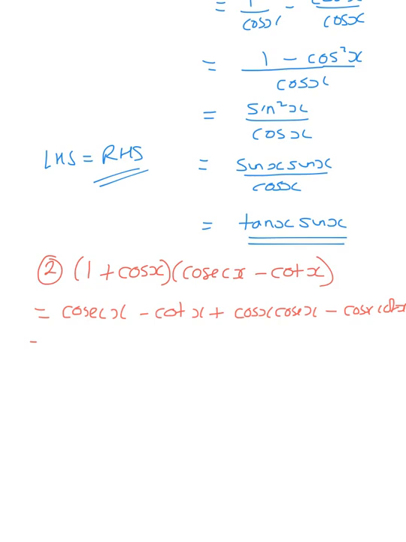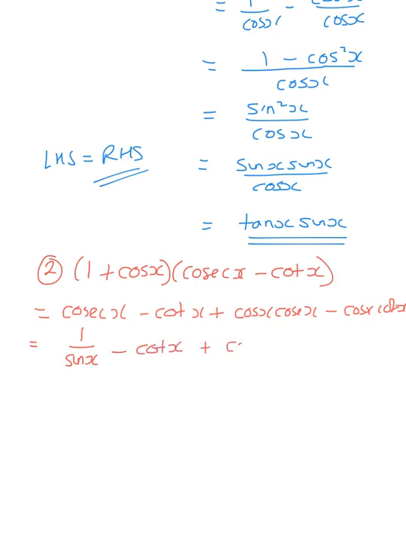Cosec x is 1 over sine x. I'm going to leave my cot x as cot x.